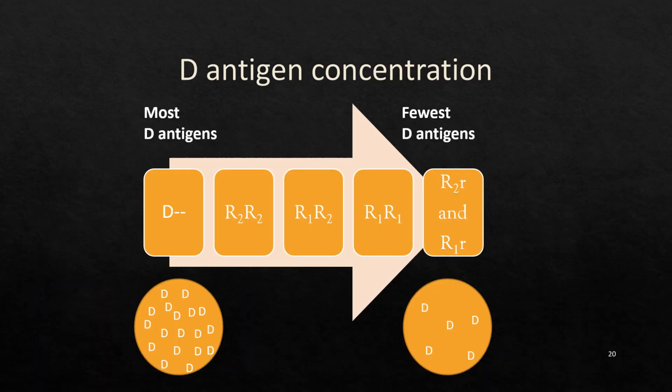If you recall that image showing the RHD and RHCE genes, D-dash is when the D gene takes up most of the CE gene, so it makes sense that the D-dash phenotype has the most D antigens on the cells.